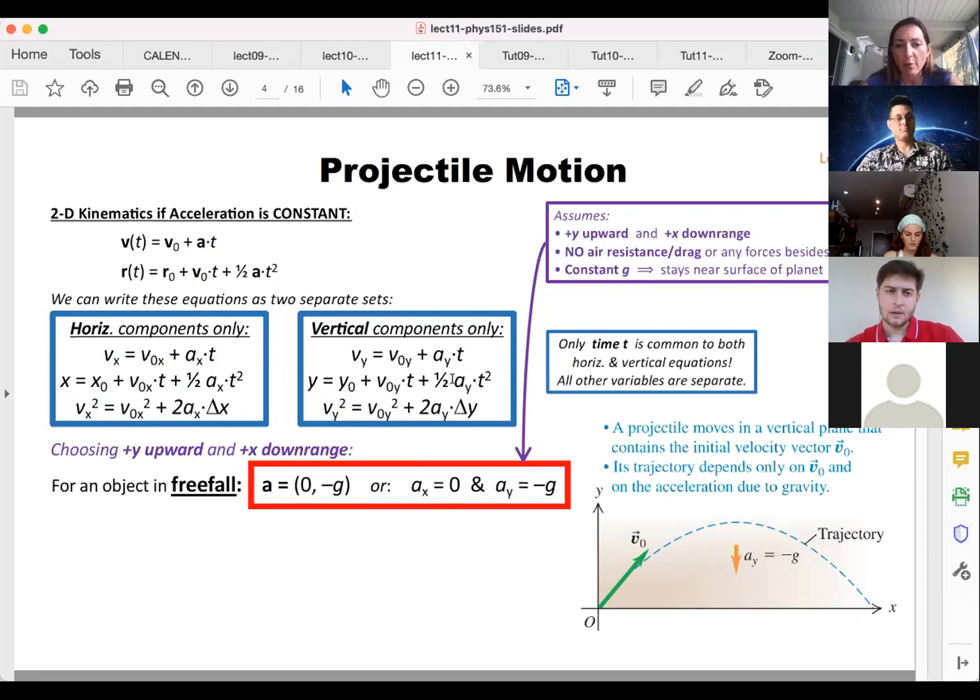Ay again is our gravity, because the y-axis goes up and gravity goes down, so this is going to be minus g. And then we also have an equation to find the velocity as a function of the acceleration and the displacement, in case you don't know the time. So we saw already all that.